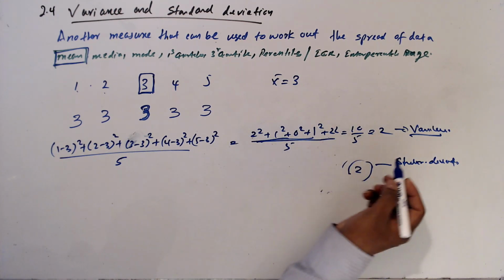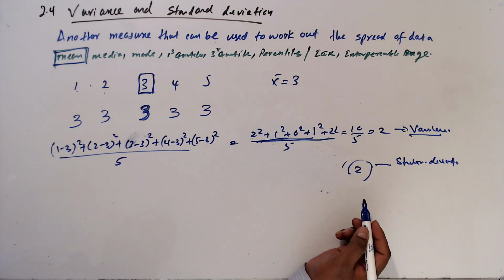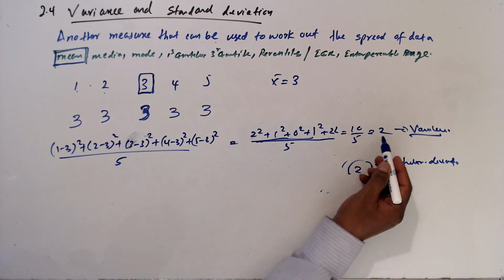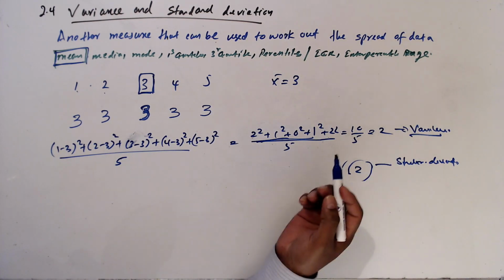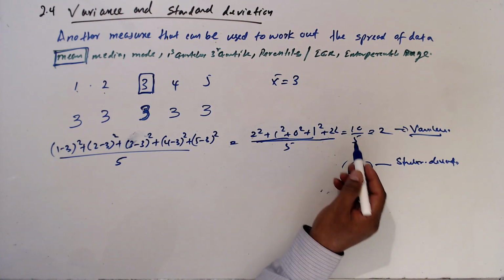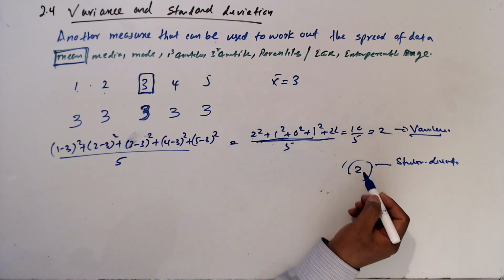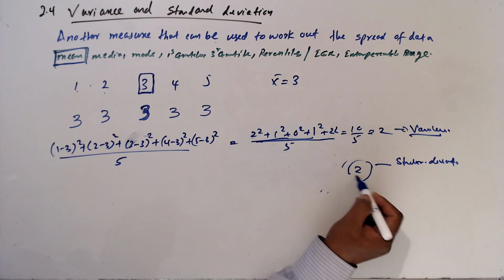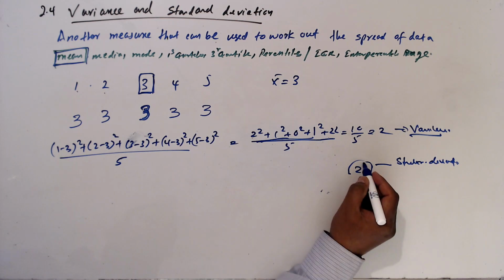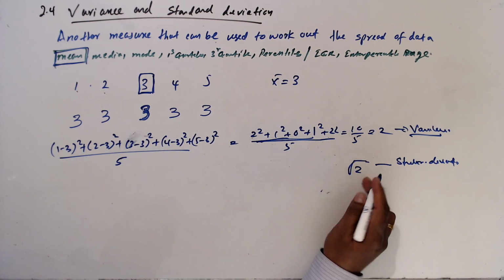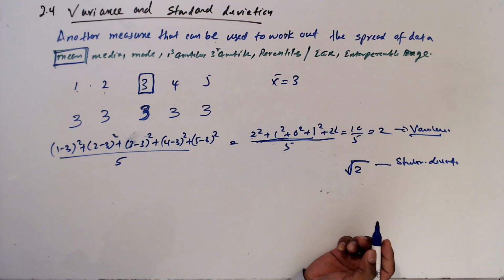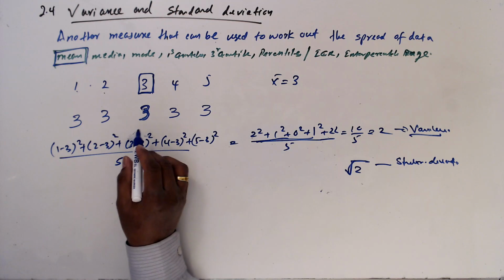So you found out the variance, and this is in the square form, and when you take the square root, that is the average distance from 3.